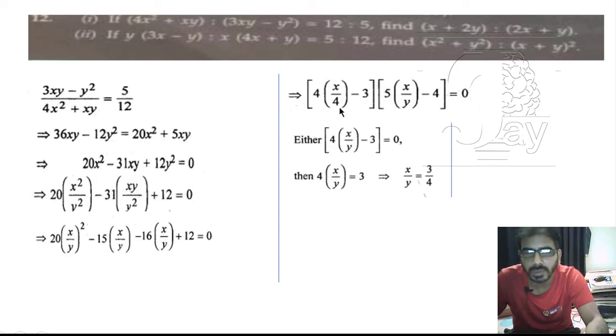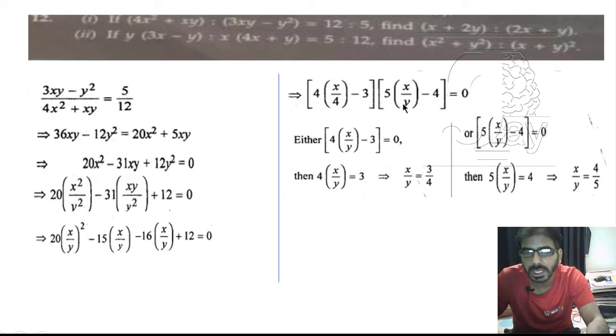When we take the first one, we get x by y equals 3 by 4, and if we take the second term equal to 0, we get x by y equals 4 by 5. Now this is not the end of this question, because we have just found x by y, and because this is a quadratic equation, we have two values. We have to put those values to find the required ratio.